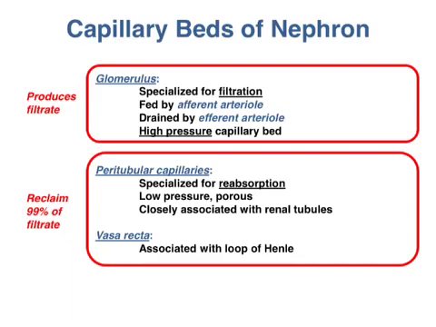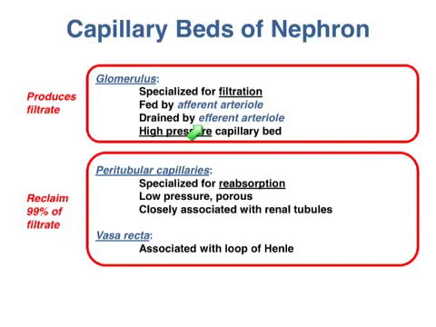And it's a bit unusual as well. If you think back to the cardiovascular system, capillary beds are usually fed by an arteriole and drained by a venule. But the glomerulus is actually fed and drained by arterioles. The afferent arteriole brings blood into the glomerulus, and the efferent arteriole takes blood out of the glomerulus.